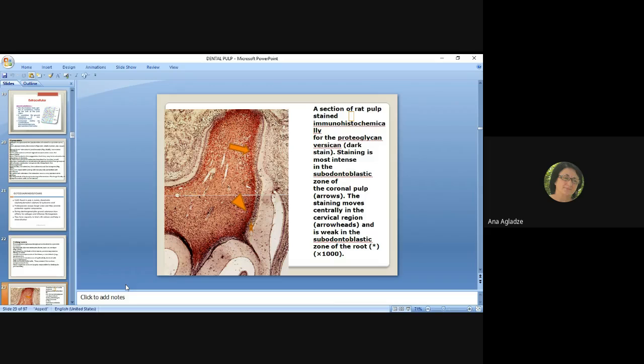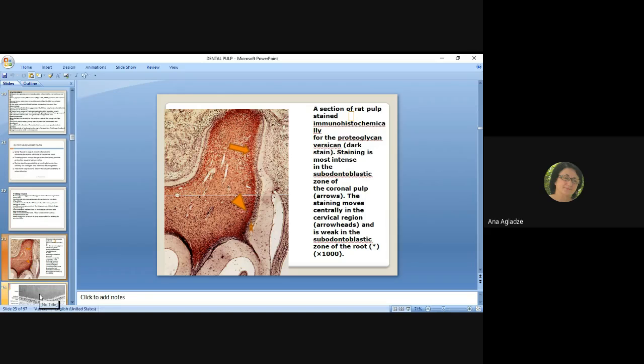Higher concentrations of fibronectin are also found around the blood vessels, and generally speaking, an increased amount of fibronectin is produced during wound healing and hence during the formation of reparative tertiary dentin.